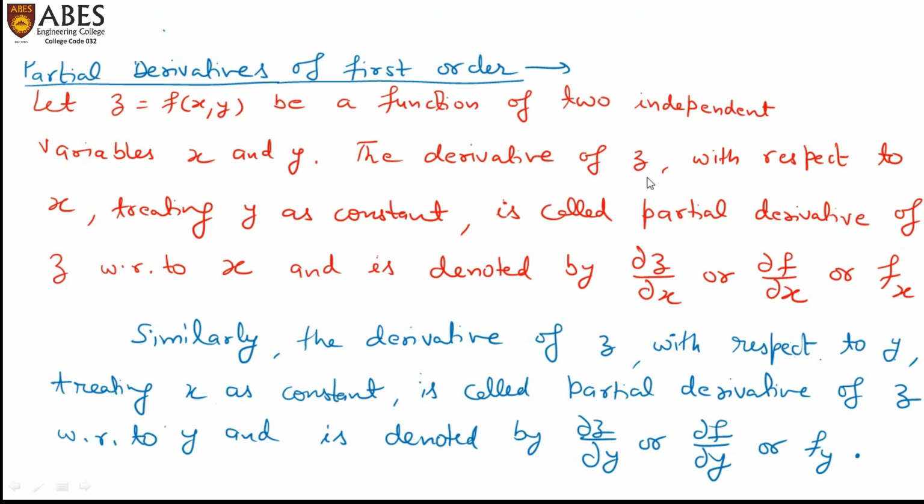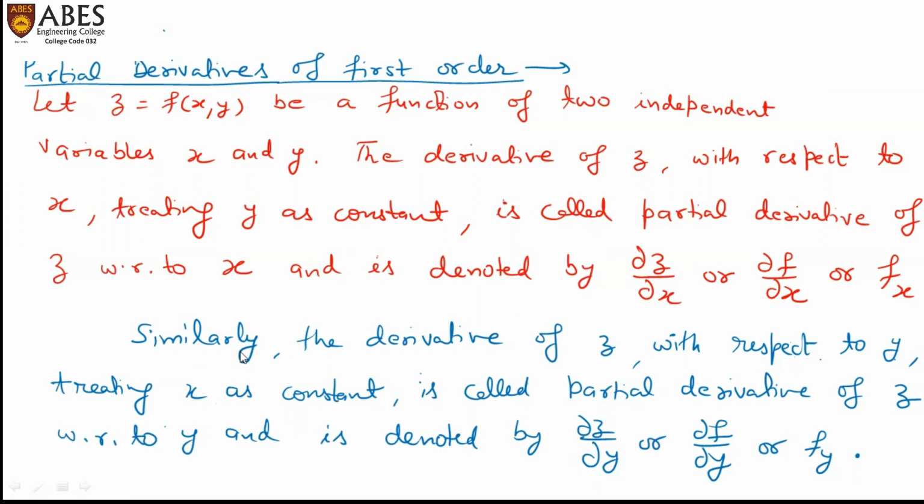Then the derivative of z with respect to x, treating y as a constant, is called the partial derivative of z with respect to x, and it is denoted by del z over del x, or del f over del x, or f_x. This x is in subscript.